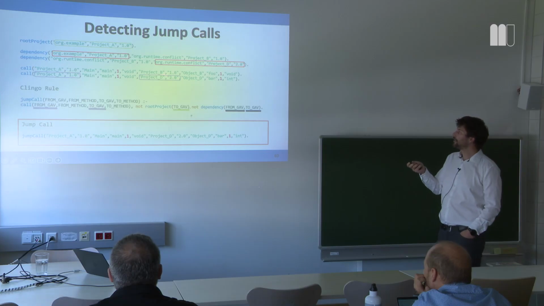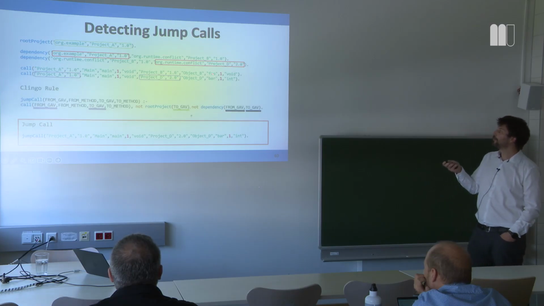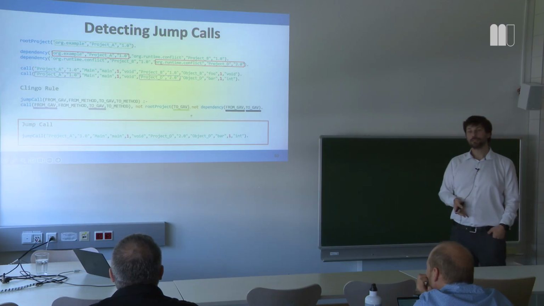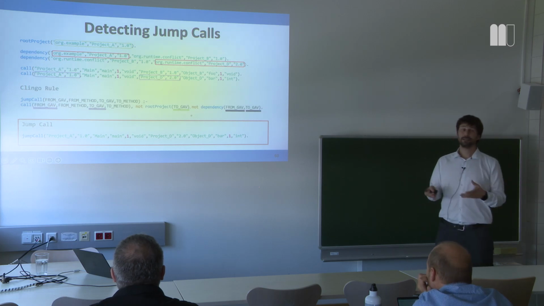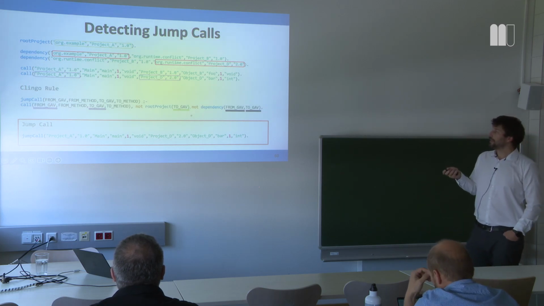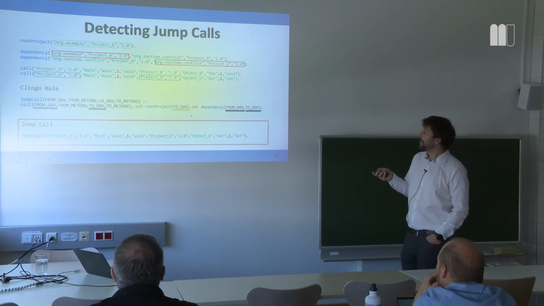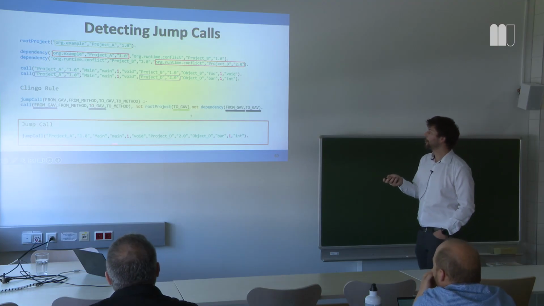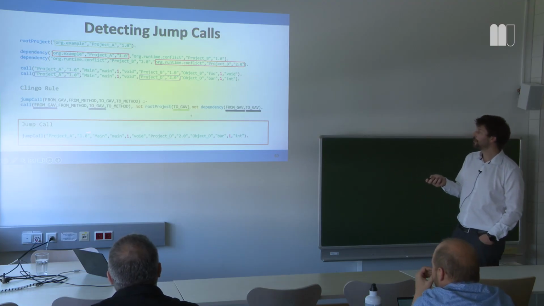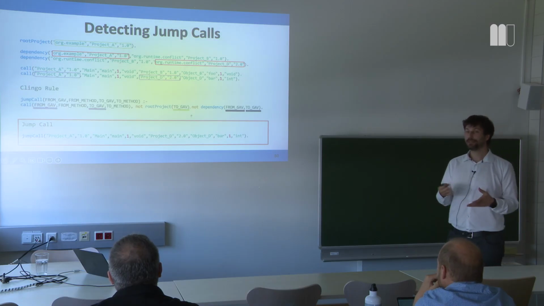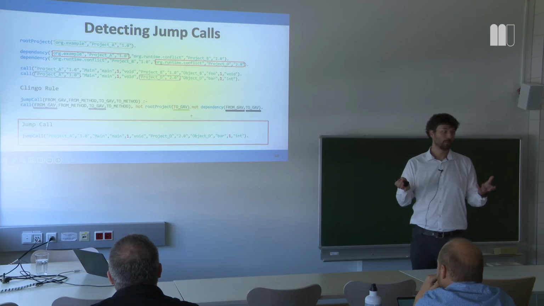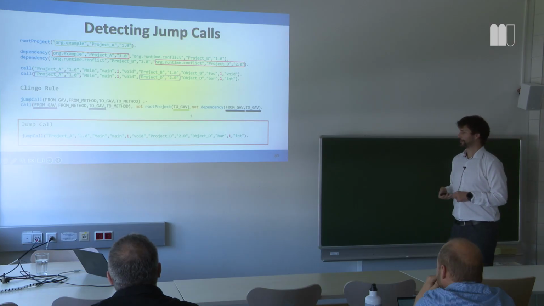So if a method main calls something from object B, method foo, all of that is encoded in Clingo and used for detecting the smells that we've formulated. In the end, what we will get is a jump call as a result, because we know that we are using from project A something that is in object D, which we do not have a direct dependency to. So this is actually a pretty straightforward rule.